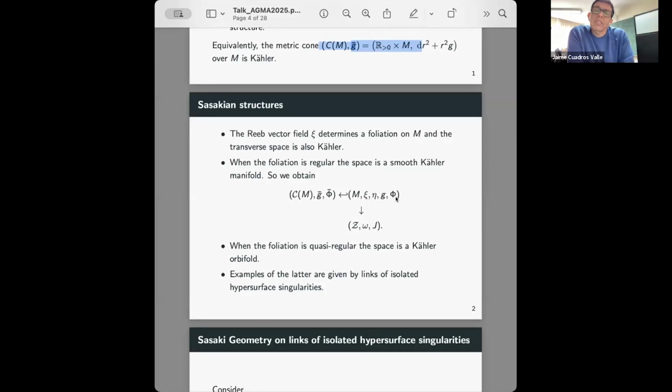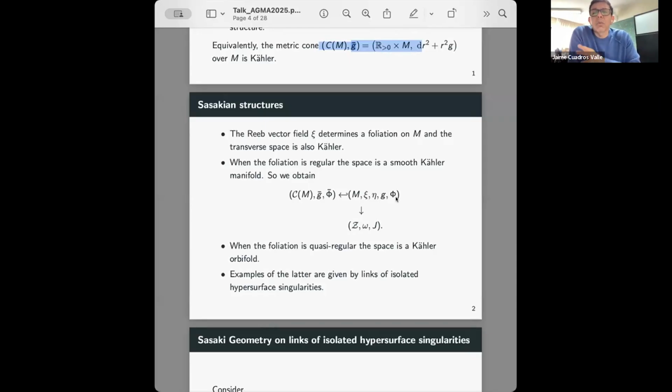And how can we produce examples in this scenario? We will try to actually do it in the scenario where the foliation is quasi-regular. That means that the quotient space will have some singularities, and those singularities are going to be of quotient type. So actually, the quotient space will be an orbifold. So in our scenario, we will have in general a cone that is going to be an affine variety.